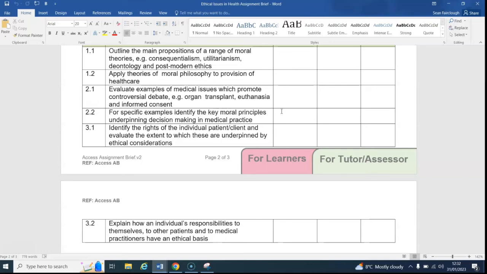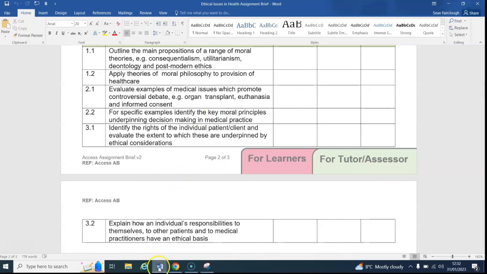So we have the responsibility to tell the truth to a doctor. Why is that? Well, a consequentialist may say that if we don't tell the truth, we will be given treatment that's not appropriate for us, which might harm us. So it's just about trying to think of ways in which those rights and responsibilities are underpinned by ethics, essentially.